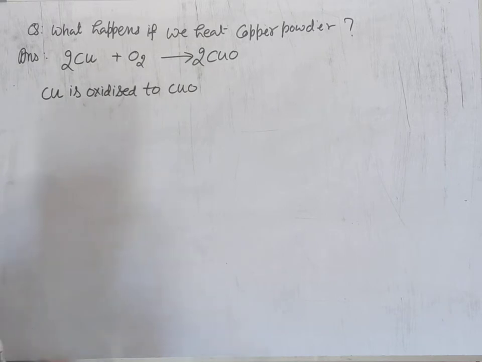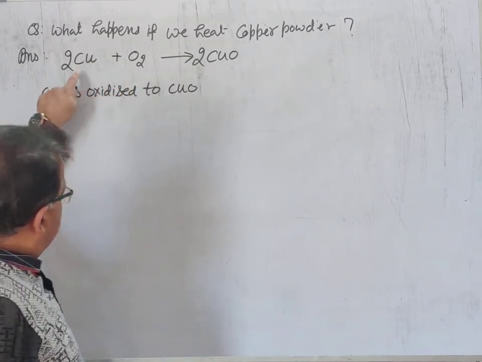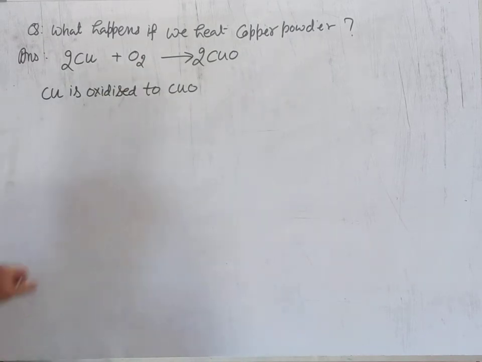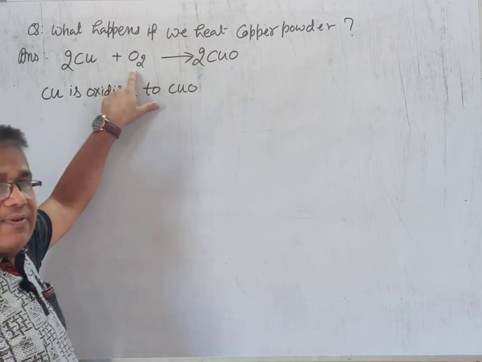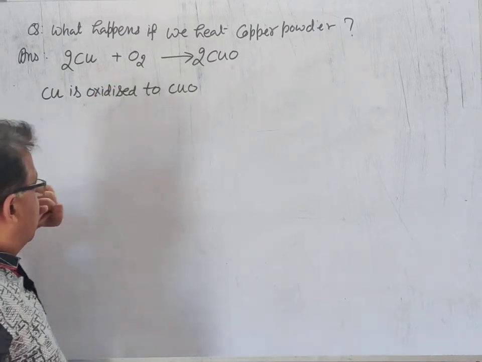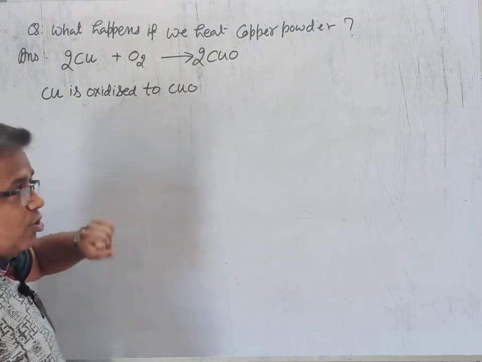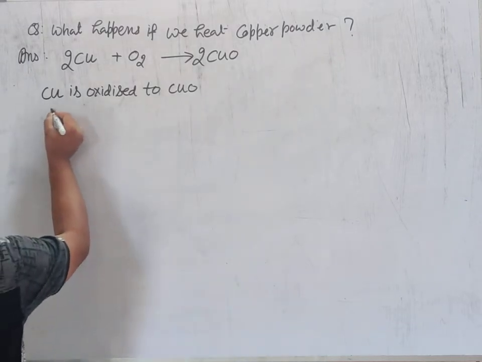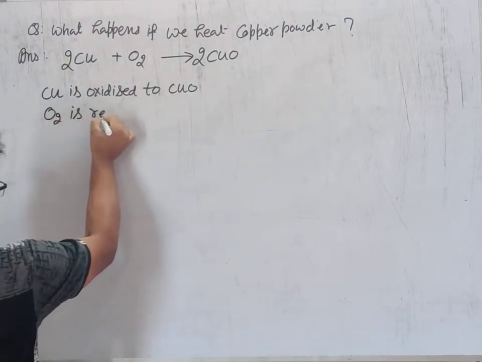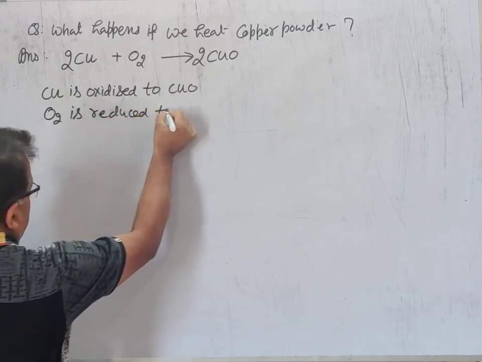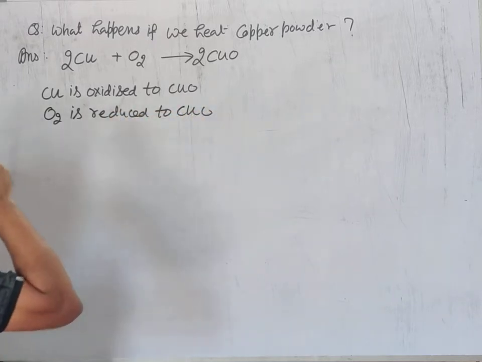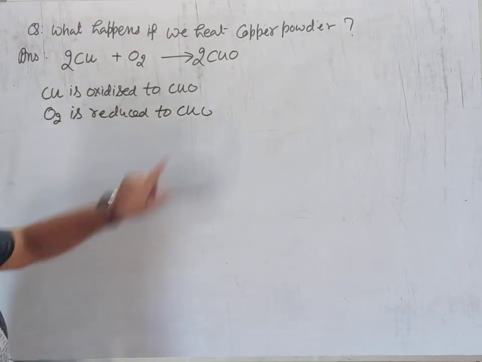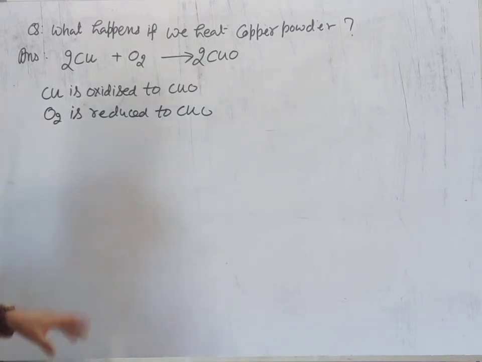This is oxidized, so this is reduced, because addition of hydrogen as well as addition of metal is also considered reduction, but it is not given in your book. So here metal is added, so we can say O2 is reduced to CuO. However, it is not in your syllabus, so you can leave this line.